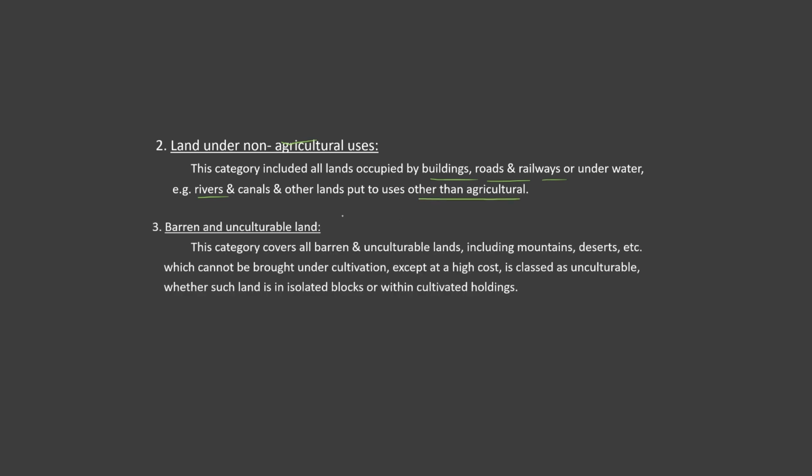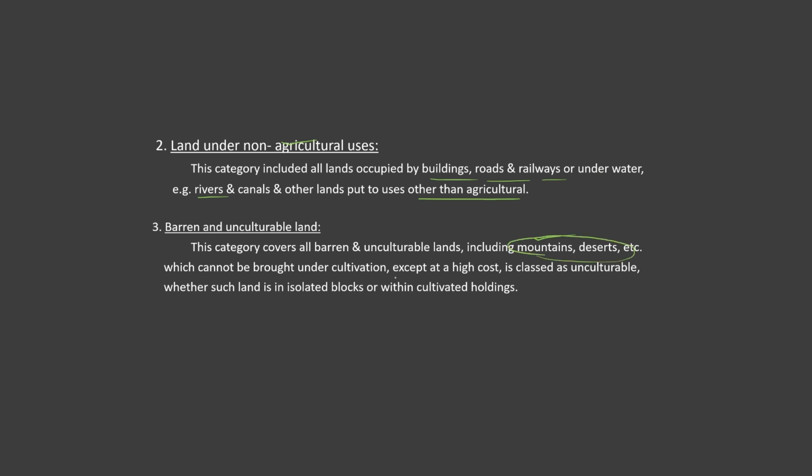And the third type is barren and unculturable land. This category covers all barren and unculturable lands, including mountains, deserts, etc. So all that area where agriculture cannot be done, such as the mountains or deserts, these areas are also considered as land.